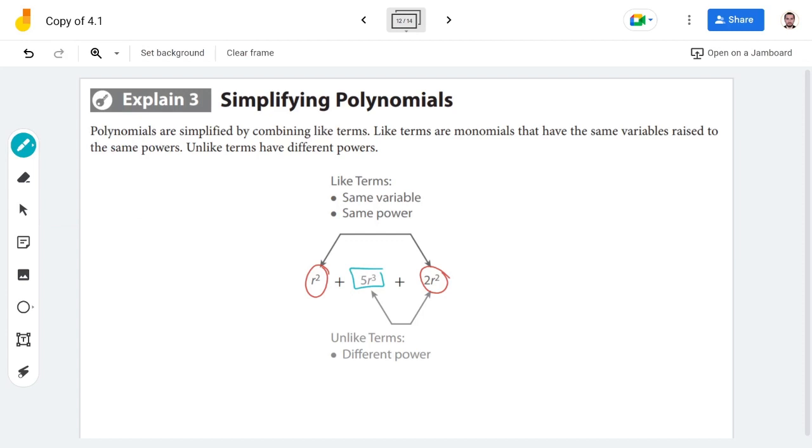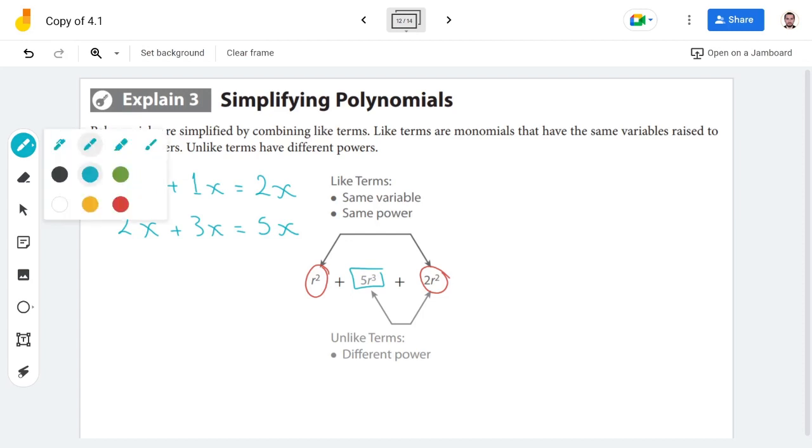When we have, let's say, 1x plus 1x, it's equal to what? 2x. So let's say for example 2x plus 3x is equal to what? 5x. So as you can see, what's the degree of the x here? The degree of the x here is 1.